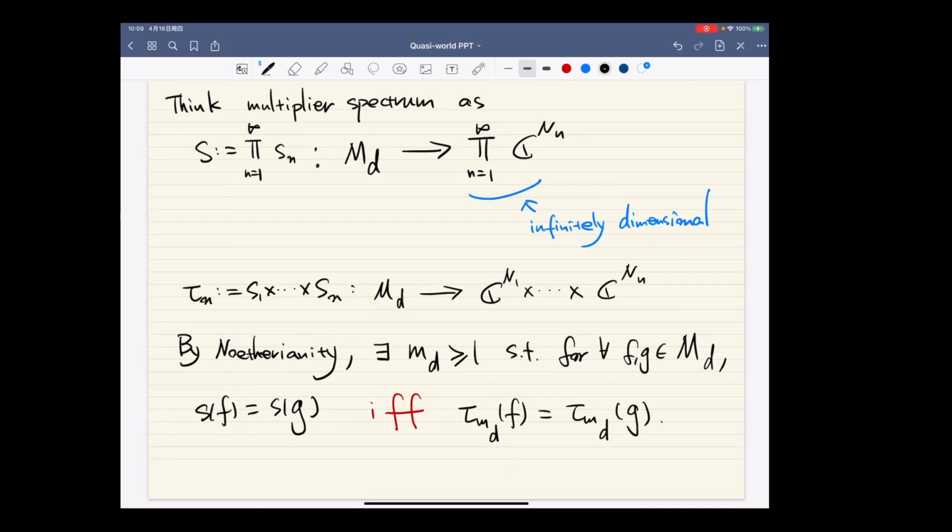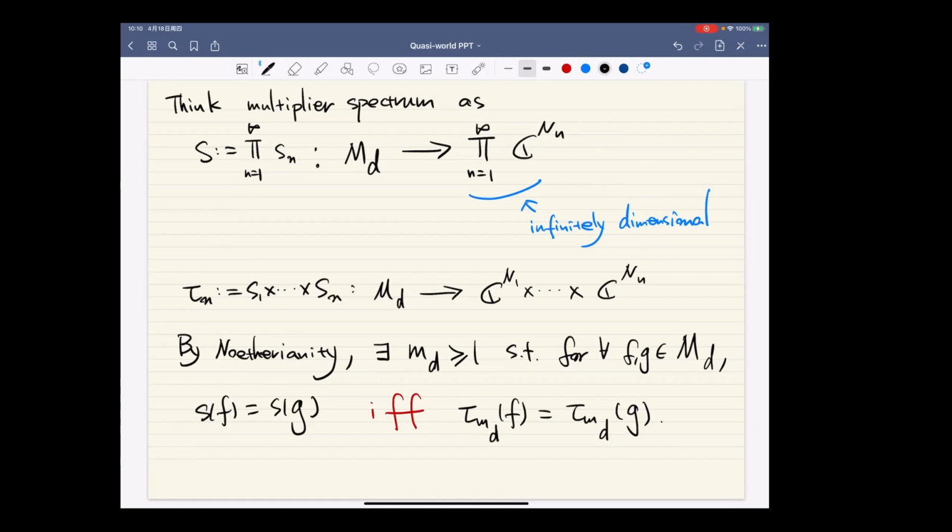However, because every map here is algebraic, we can do something to reduce it to finite dimensional. What we do is like this. We consider the truncation tau_n equal to S_1 times S_2 up to S_n. Then this defines a map from M_d to C^{N_1} times C^{N_2} up to C^{N_n}.